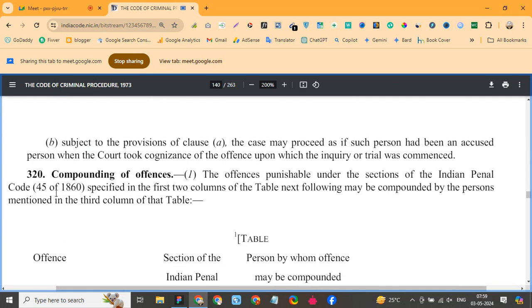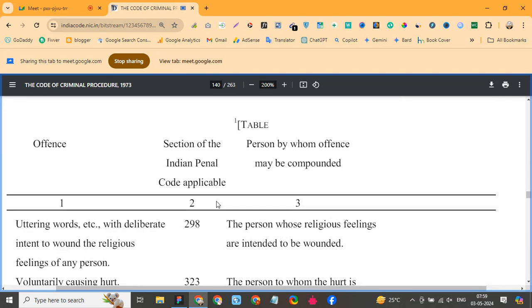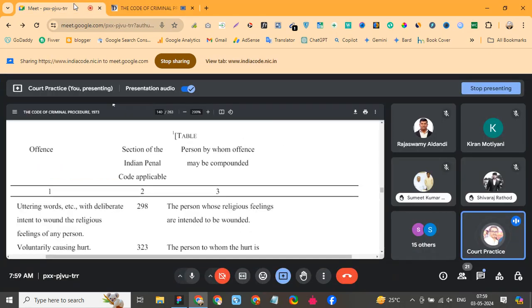According to section 320, it gives us examples of the sections in which we can easily compromise with the victim and the case will be dismissed.